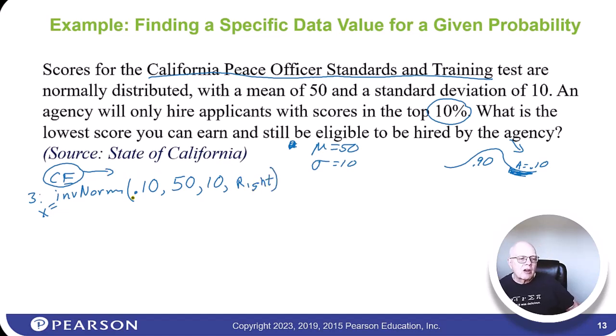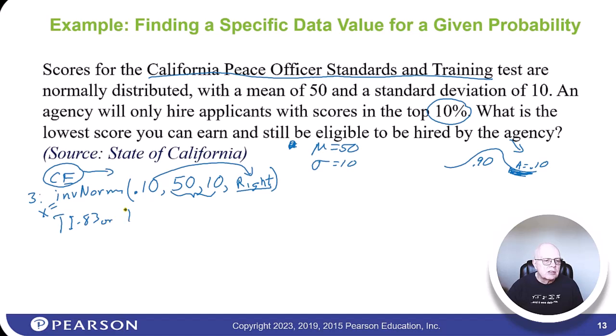And the calculator knows, okay, area 0.10, this is the normal curve we're talking about, and the area is on the right, and that'll give it to you. Now, what if you don't have a CE? A regular TI-83 or TI-84.